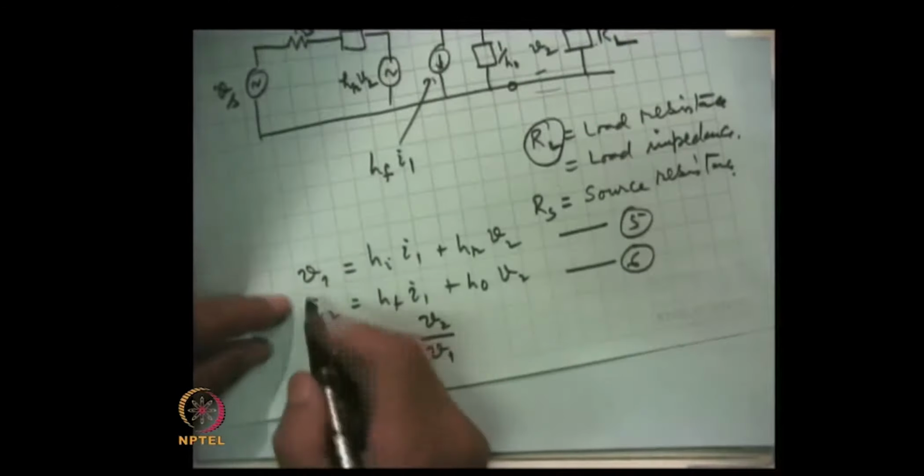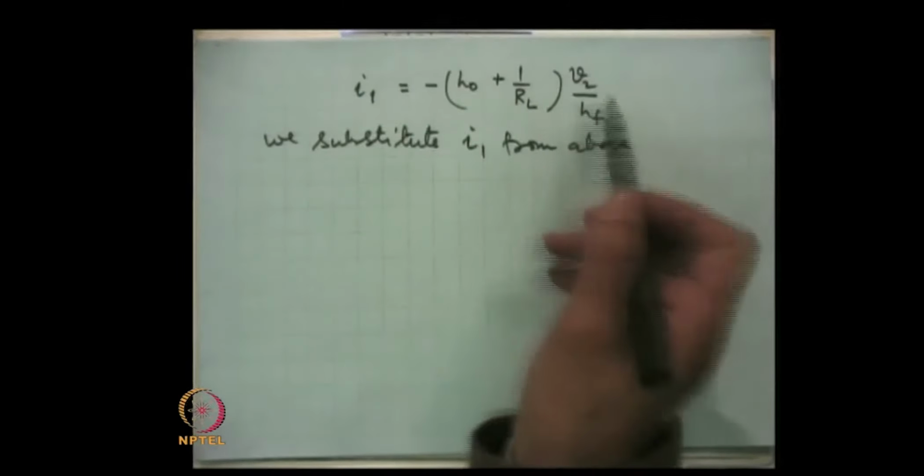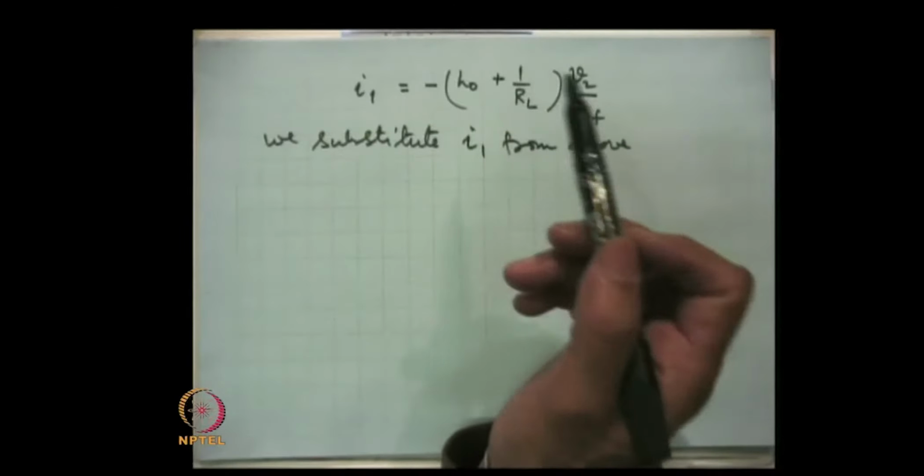So, because here we want the ratio of V2 by V1, we are finding the voltage gain, which is the ratio of V2 by V1. Now, here I1 should be replaced by the known parameters, and this will be taken care of automatically.